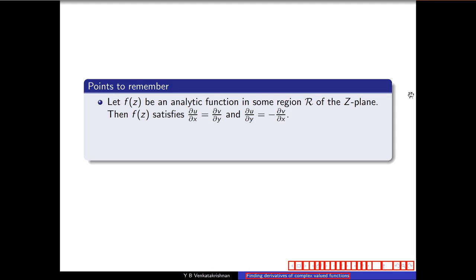If f of z is an analytic function in some region R, you are aware that an analytic function is a function which is differentiable at a point and is also differentiable in the neighborhood of a particular point.